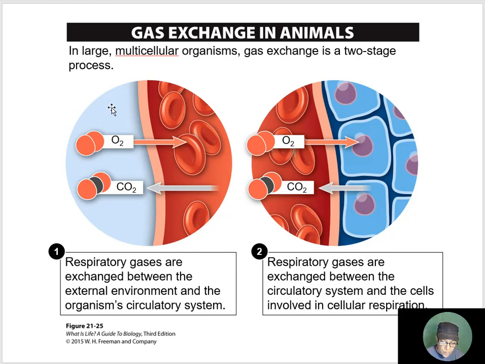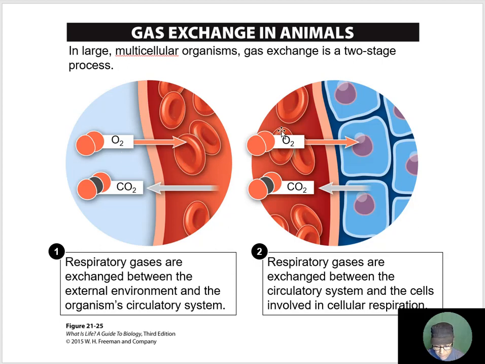So when we breathe the air in, we have the oxygen that's coming into contact with the red blood cells inside of the lungs. So air outside is going into the lungs, and it's contacting the capillary beds, the red blood cells there, and we have this gas exchange.